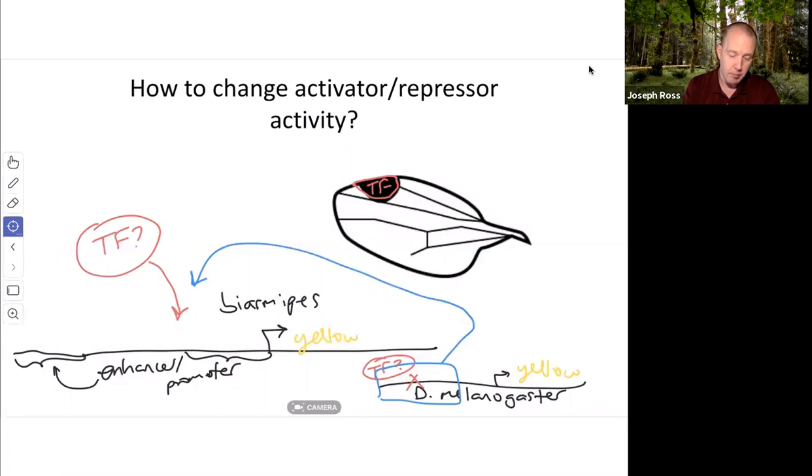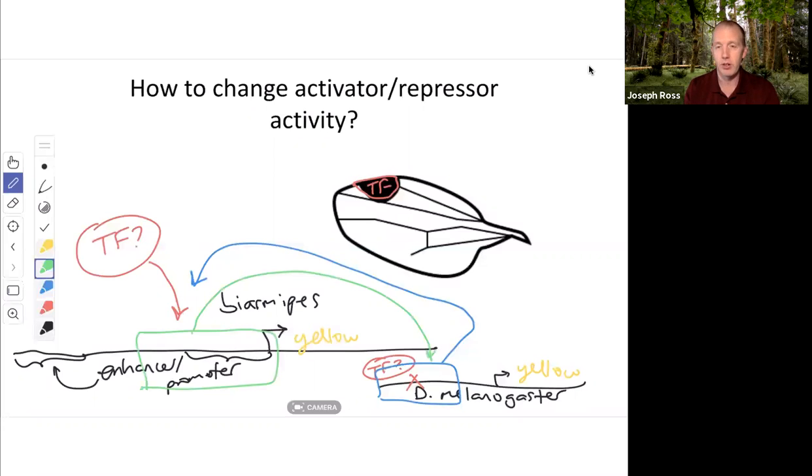So another type of experiment that could be done would be to take whatever enhancer or promoter sequence from biarmipes, the species that does produce the wing spot, and to put that into Drosophila melanogaster, a species that doesn't normally produce a wing spot, and see if Drosophila melanogaster then produces a wing spot.